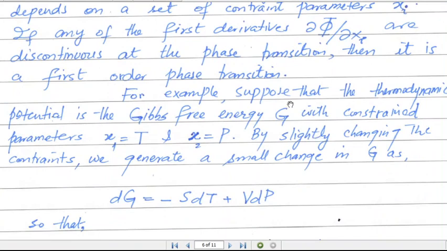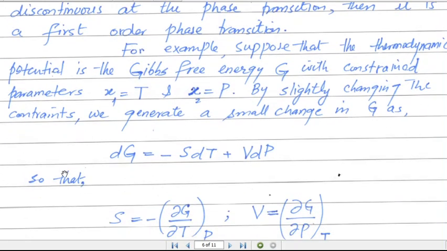So for example, suppose that the thermodynamic potential is a Gibbs free energy G with constraint parameters T and P. By slightly changing the constraints, we generate a small change in G, as dG equals minus SdT plus VdP. This expression can be easily established because we know that G is given by H minus TS, and H is equal to U plus PV.